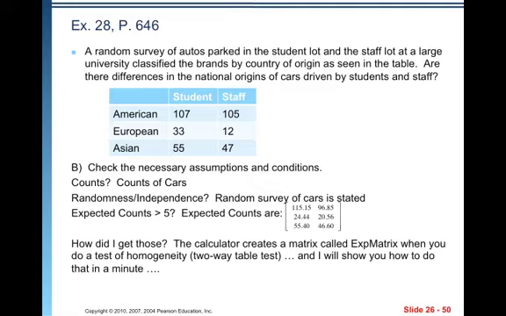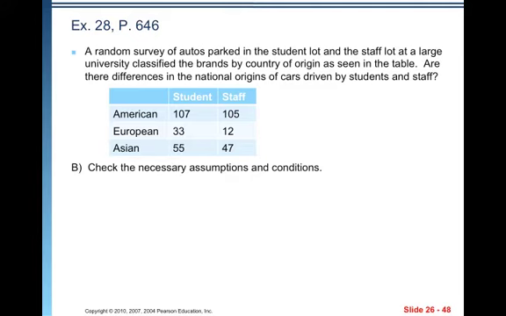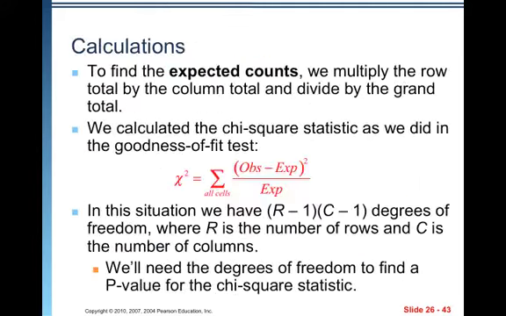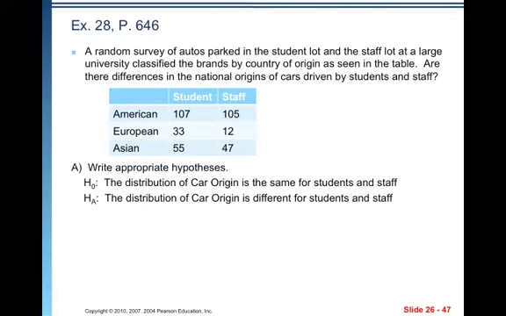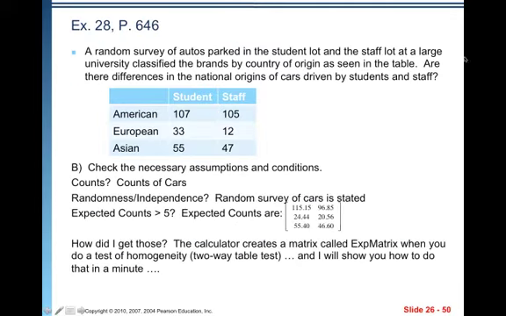Expected counts, using our formula that we had before, where you take row total times column total divided by grand total, you get 115.15 and so on. The beautiful thing is that most of the time we're going to actually let the calculator calculate that for us, but it wouldn't hurt for you to go back and use this here, the row total times the column total divided by the grand total, and see that you end up with these numbers.